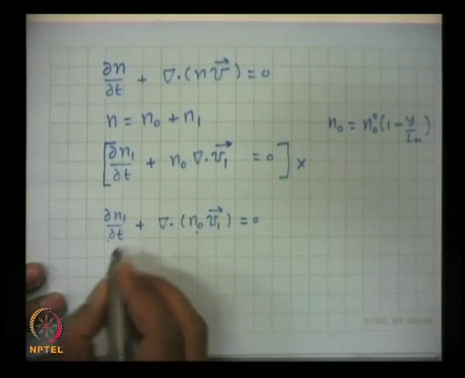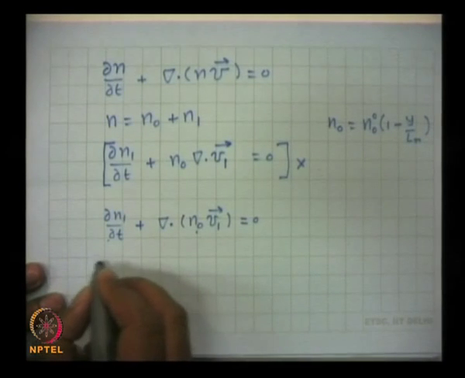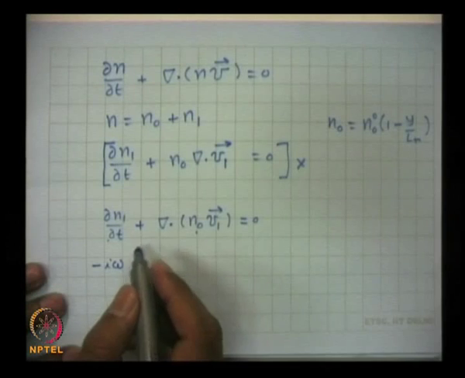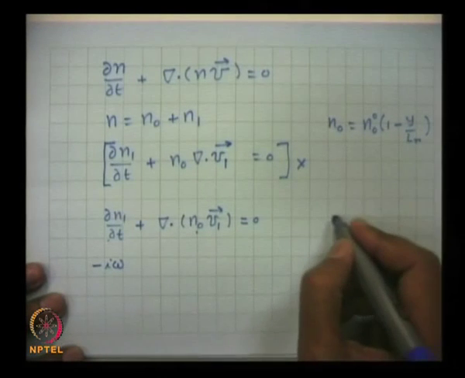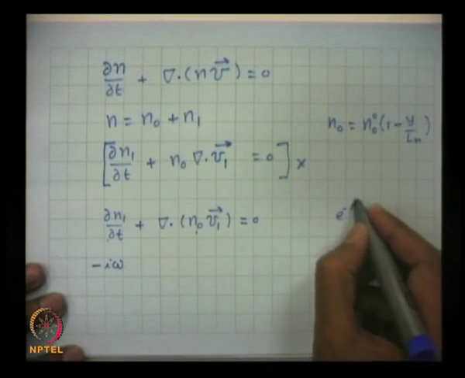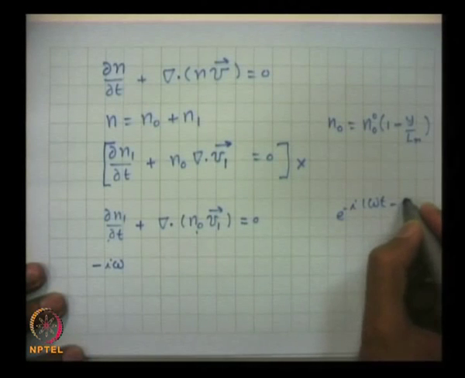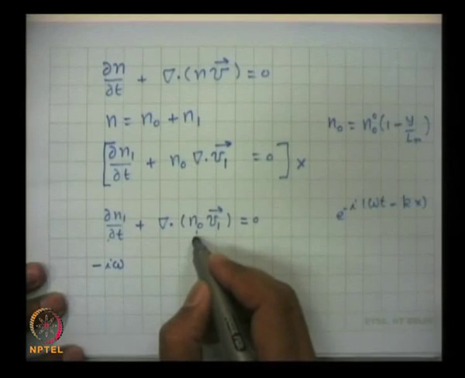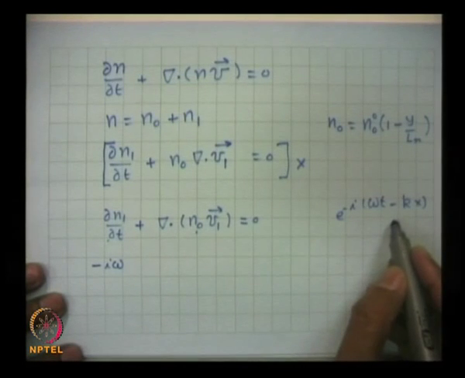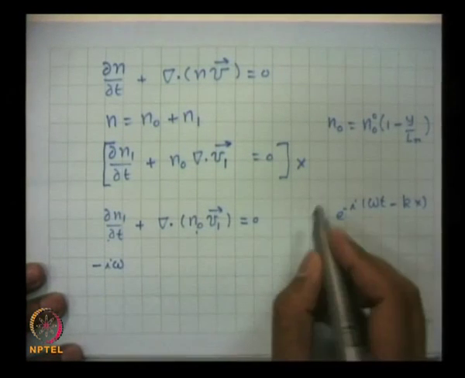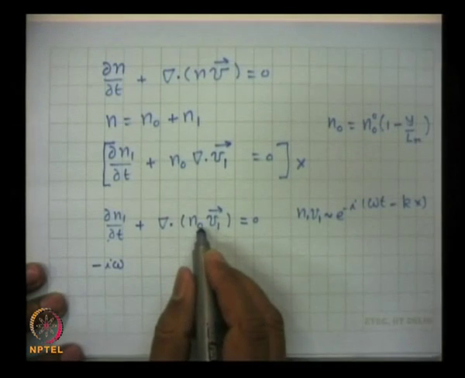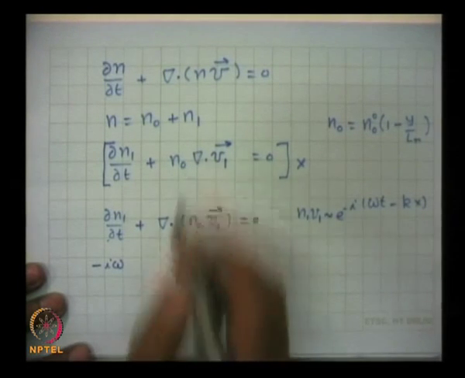So, this will have two terms, and this I can replace by minus I omega, because perturbed density will vary, perturbed quantities all vary as exponential minus I omega t minus k x. But N0 is not a perturbed quantity, it does not vary in the same fashion. So, N1 V1 they go as this, but not N0, that was the error I was going to make.